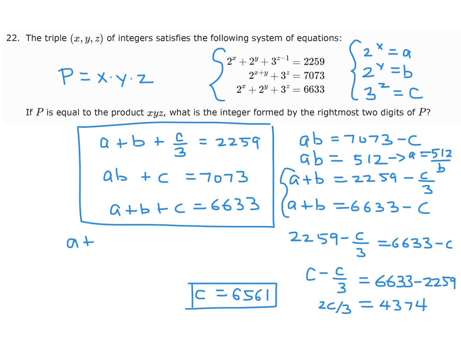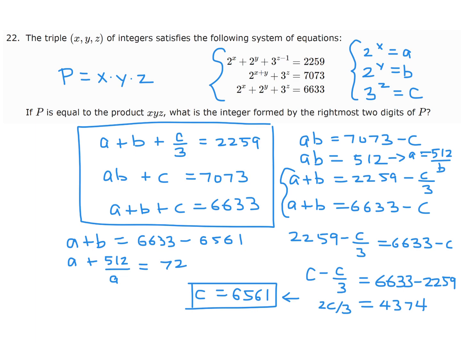So A plus B is 6633 minus C, and C is 6561. So A plus 512 over A, B is 512 over A. And then that's going to be 72, I believe.